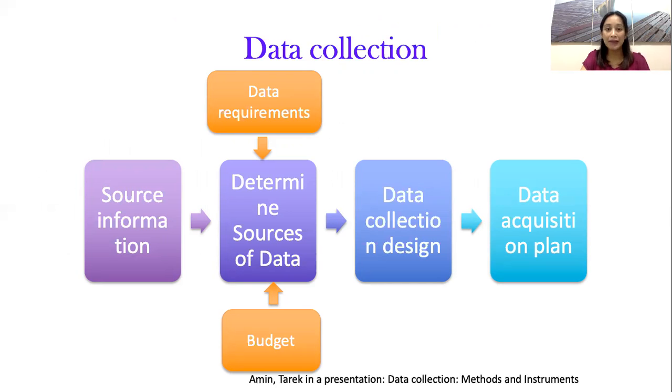When you plan your data collection, you think about the source of information, where you're going to get the data that you're going to collect. So you determine the sources of the data. And when you determine the sources of the data, you have to think about data requirements. So for example, your source of data are pediatric patients, no?